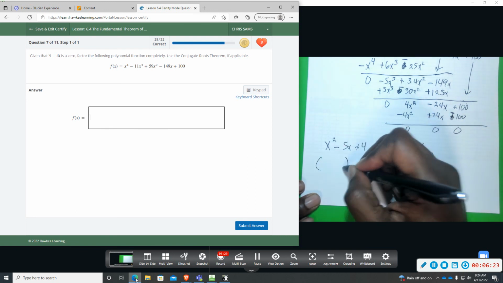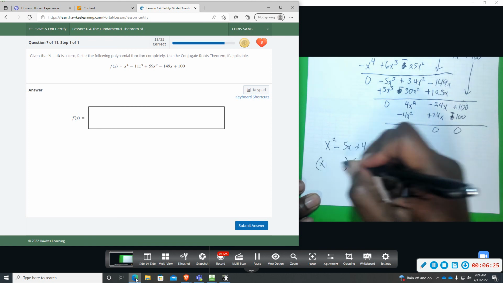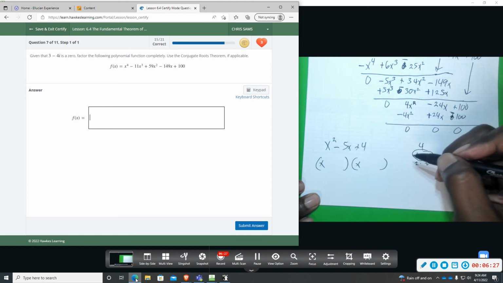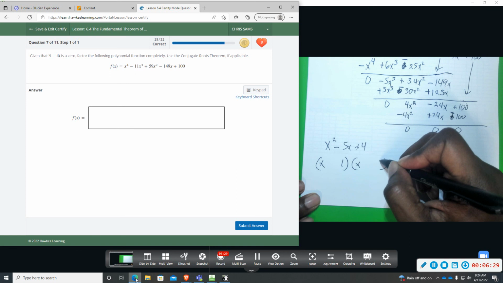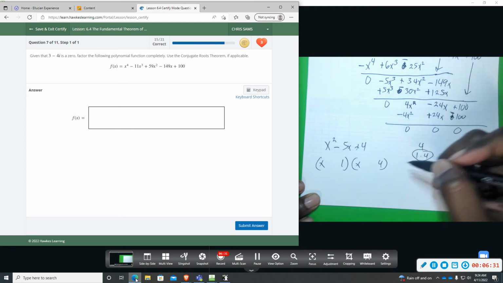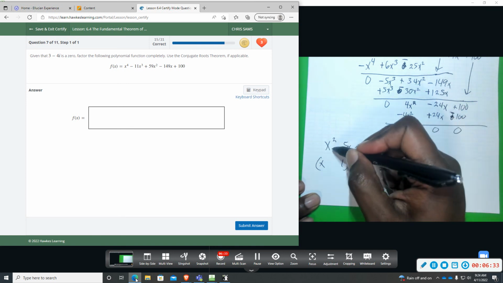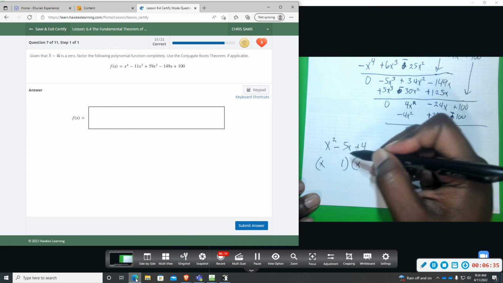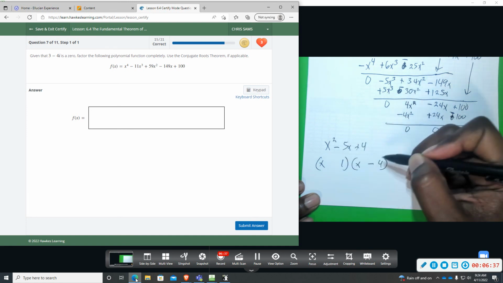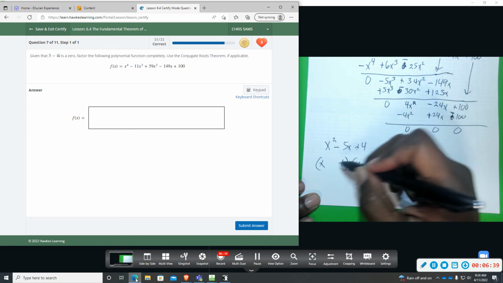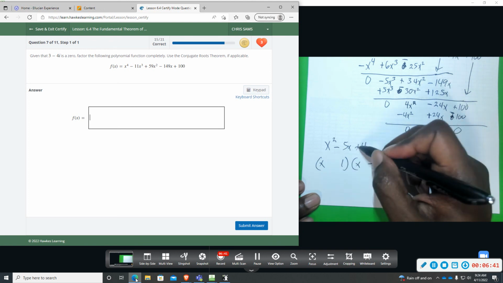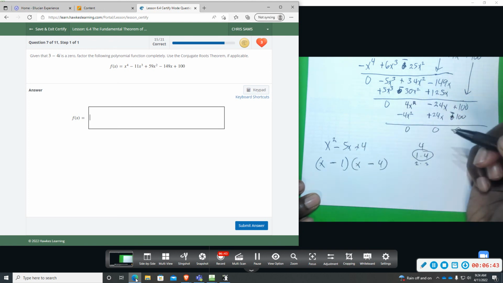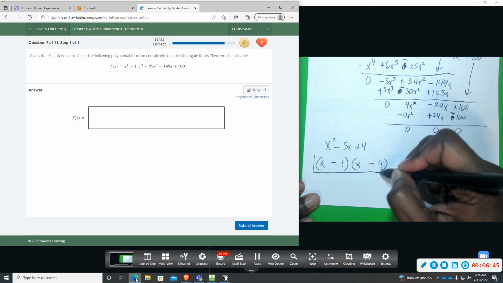So 2 sets of parentheses. X in the front of both to separate the x squared. The 1 and 4, the numbers we found, we use in the back. Going left to right, the first sign is your bigger number, so 4 has to be negative. The second sign tells me they're the same sign. So positive means same, negative means different, so both negative. So here is that factor.